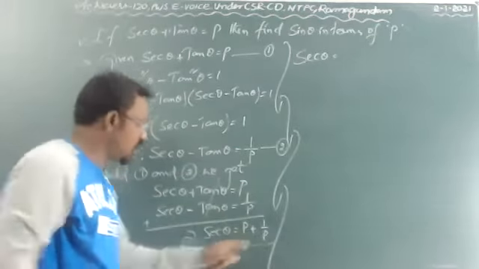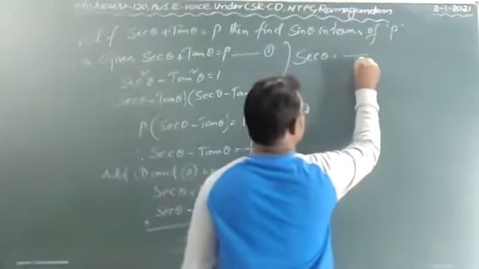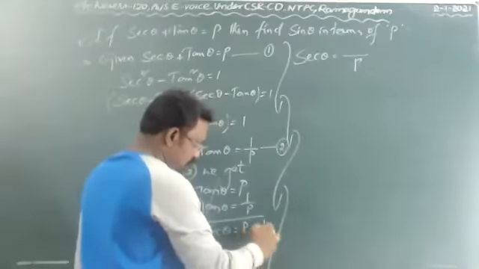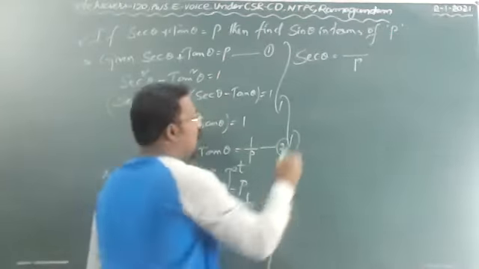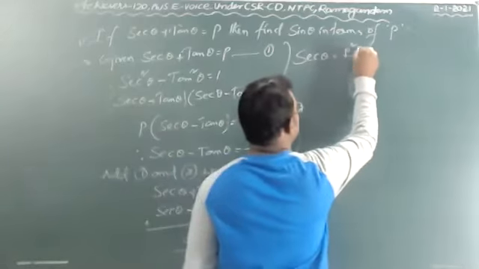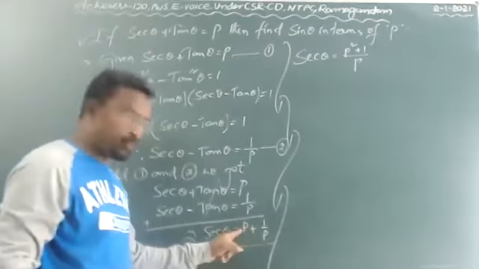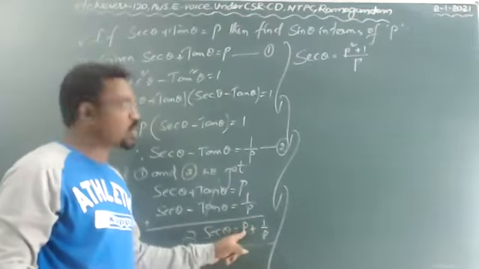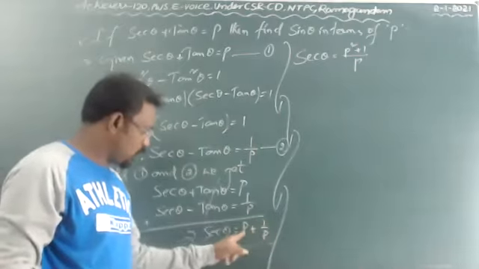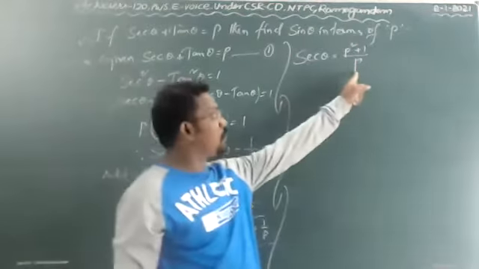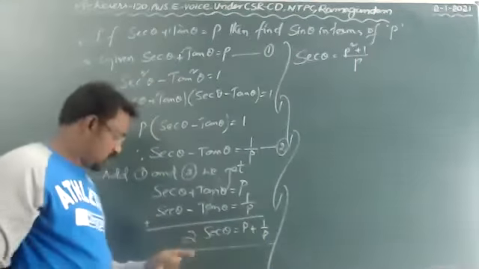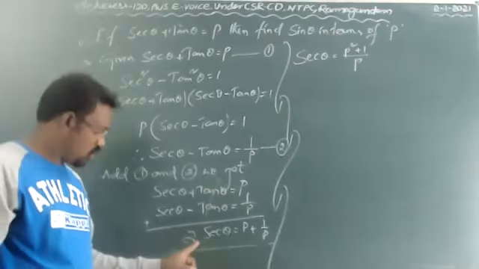First do the LCM. P is the LCM. P into P, P square plus 1. The LCM is P.